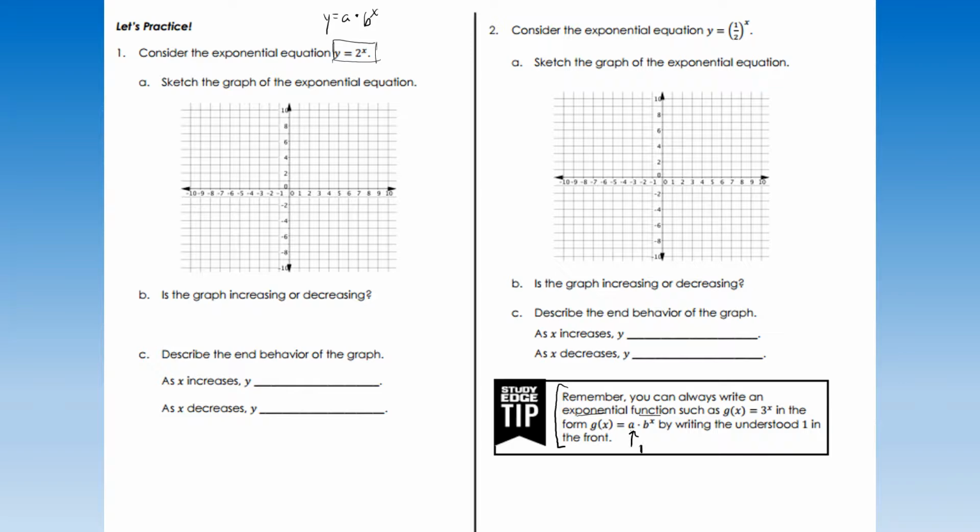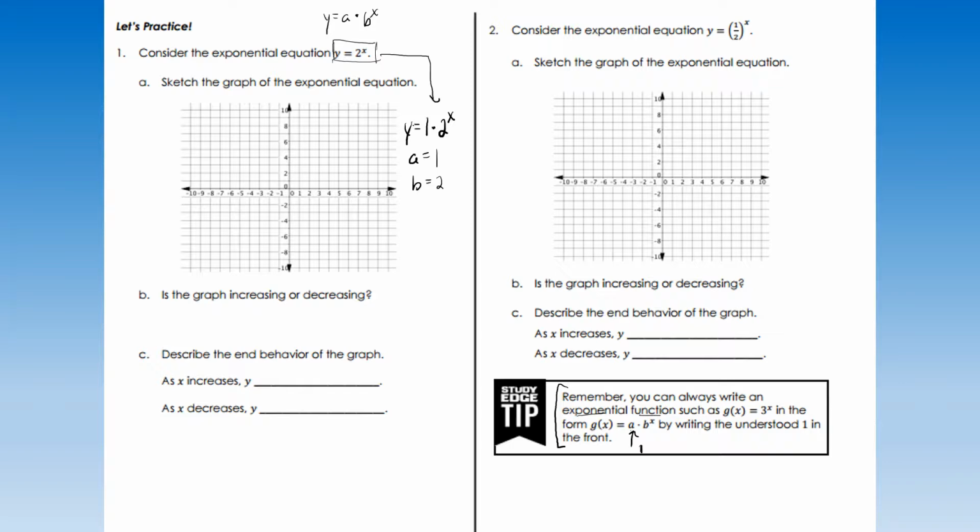So if it's just y equals something to the power of x, just assume that there's an a value of 1 being multiplied. So our equation here is y equals 1 times 2 to the x power. That's this equation written with both an a and a b term. So a in this graph is 1 and b is 2.